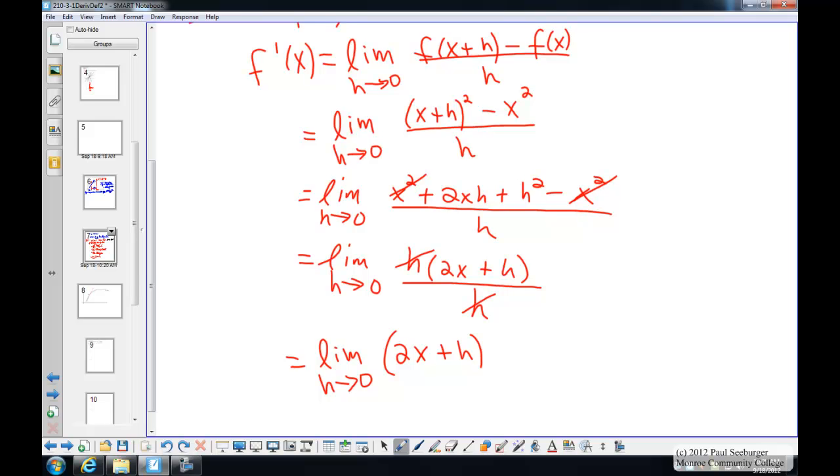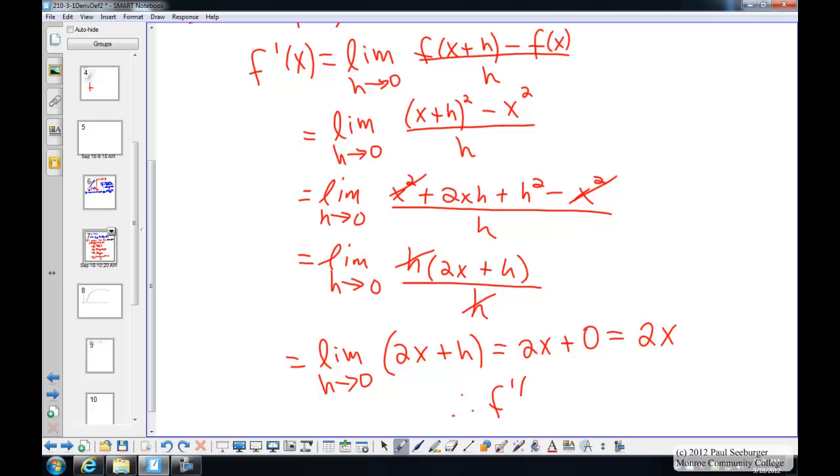Okay, now at this point, will we have an undefined result if we put 0 in? No. So here we're allowed to put it in without needing to state a limit anymore. This is where we take the limit statement away. We have 2x plus 0, which is 2x. Now what we'll need to do, since this is such a long process of equal signs, we need to summarize our results.